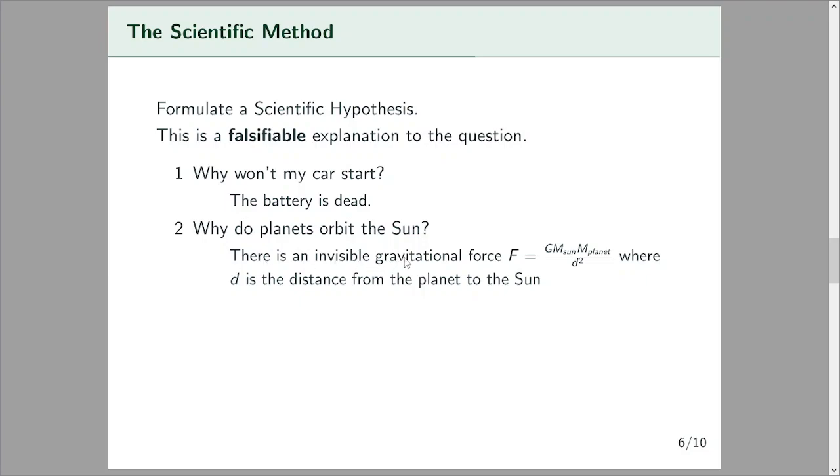Well, we could say there's an invisible gravitational force that has this formula, where d is the distance from the planet to the sun, m sub sun is the mass of the sun, m sub planet is the mass of the planet, and G is a gravitational constant. This is in fact Newton's law of universal gravitation, and when they were answering this question theoretically using physics, it's what led to this equation.